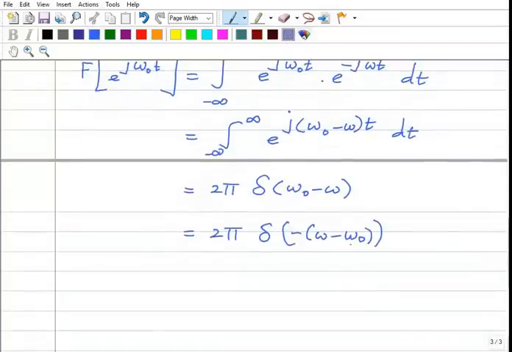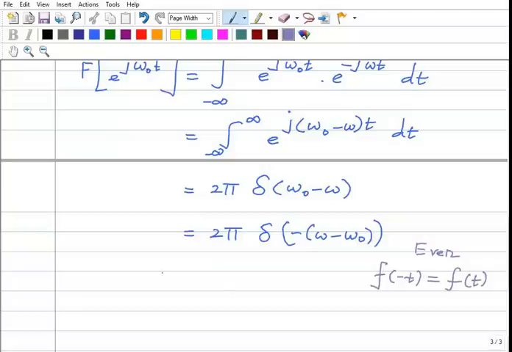In Fourier series, we discussed one condition. If f of minus t is equal to f of t, this condition holds good for even signals. What do you mean by even signal? If the signal and its mirror image look the same, that's called even signal. What about this signal? Impulse signal is an even signal.